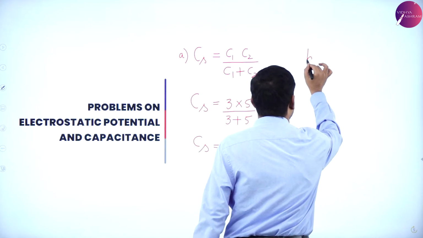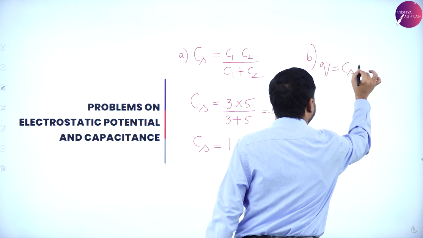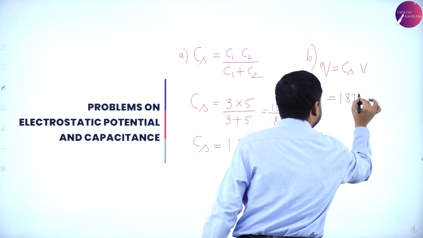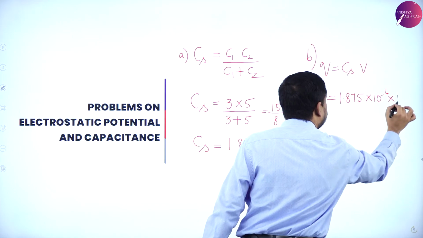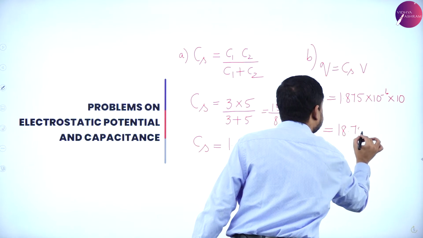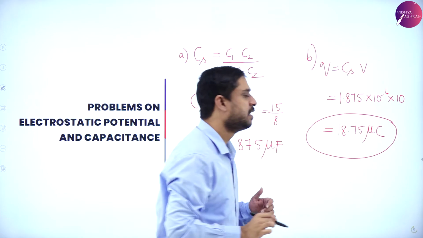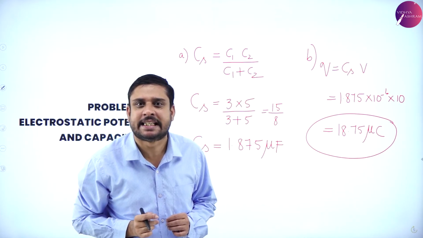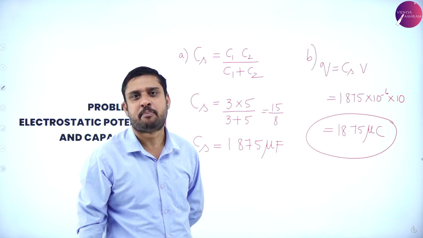So now, Q is CS into V, 1.875 into 10, which is 18.75 microcoulomb. See again, very simple. I have calculated the charge, which is the same on each capacitor.